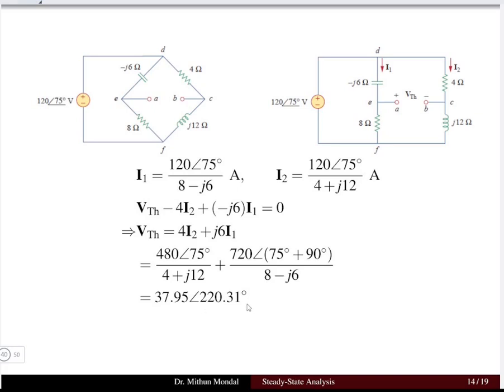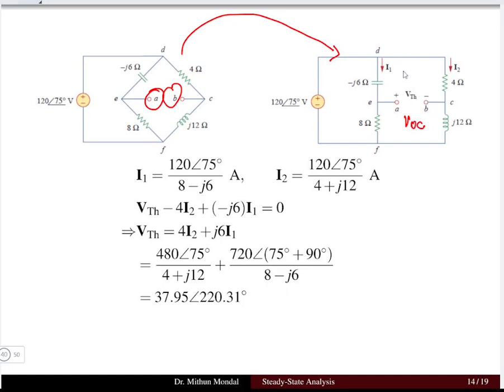Now I will calculate the voltage Thevenin. Voltage Thevenin is the open circuit voltage at the terminals A and B. So this circuit I have modified into a better format so that I can apply the theorems to obtain the voltage Thevenin. Now how do I obtain the voltage Thevenin here?